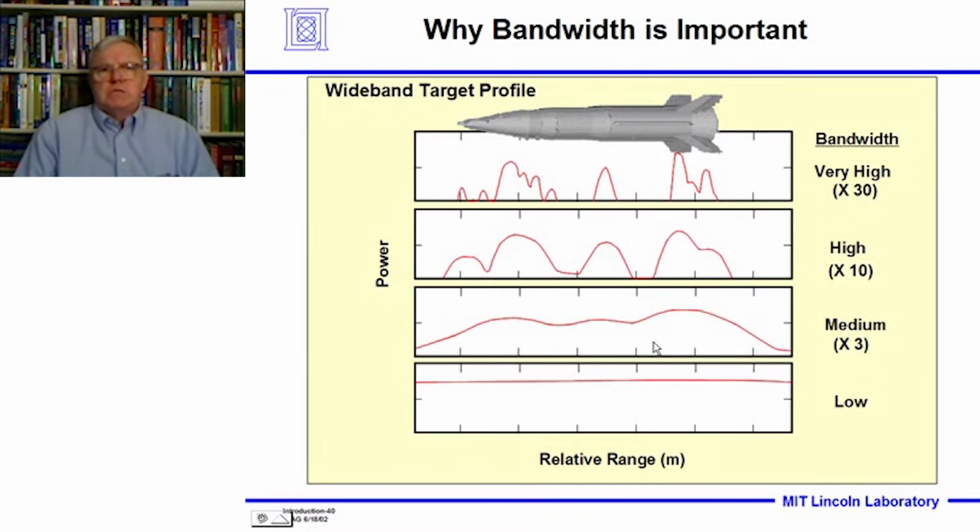Now, what does this mean? Why is bandwidth important? Why is that range resolution important? This could be any target. It could be an aircraft. It could be a missile. It could be any complex target that a radar was looking at.